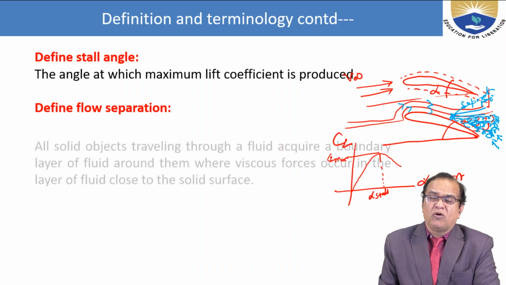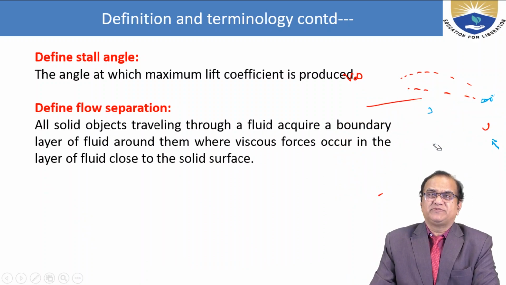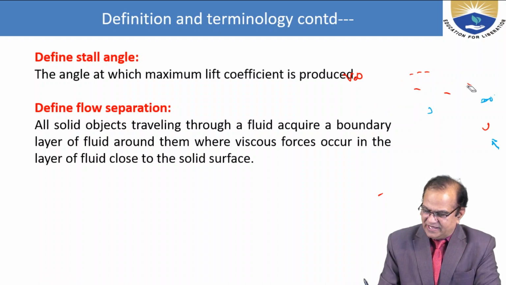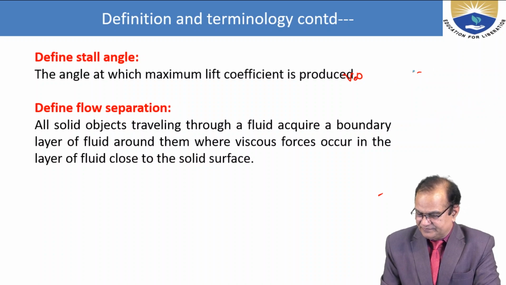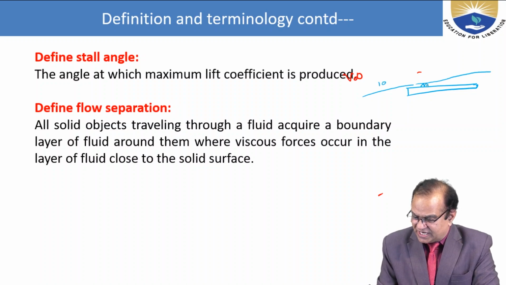So we can define now, all solid objects traveling through a fluid require a boundary layer. Just now I have discussed what the boundary layer is. The layer in which the speed is not the same. So if this is the flat plate, flow is coming from here and after some time it will go. If it is 10 meters per second, due to friction here the speed will be very less.